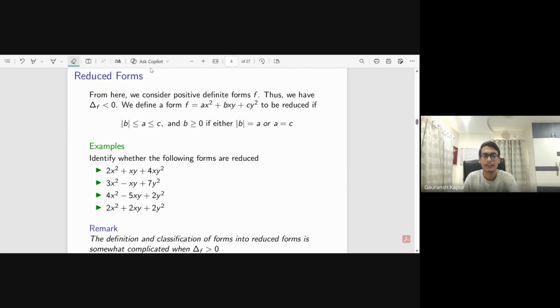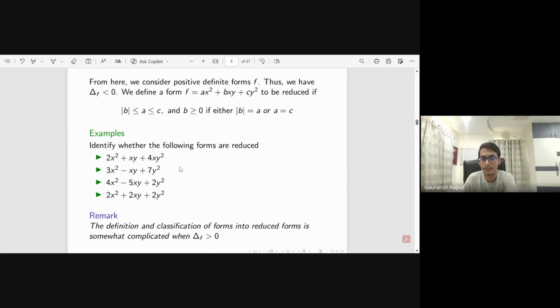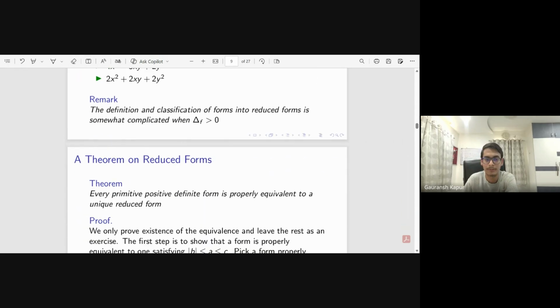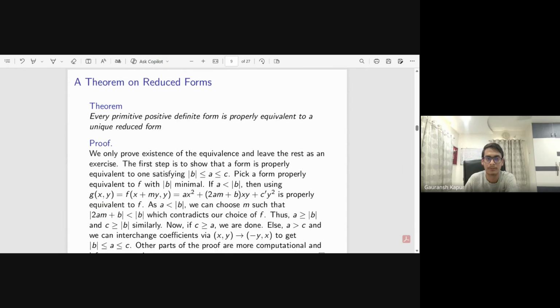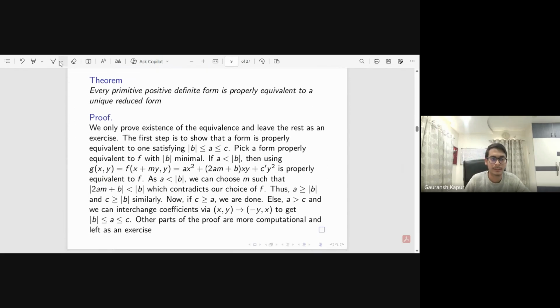Okay. So now we are in good shape to define the class group, after this theorem. The theorem states that every primitive positive definite form is properly equivalent to a unique reduced form.